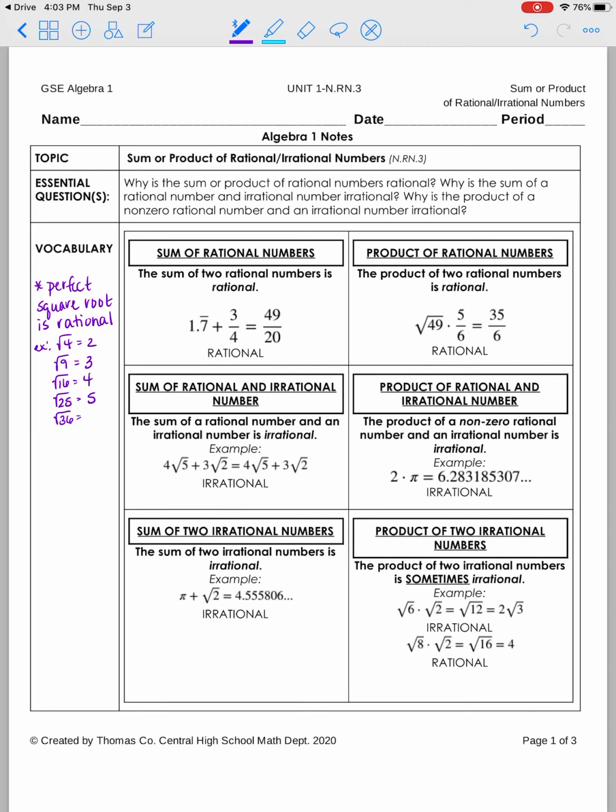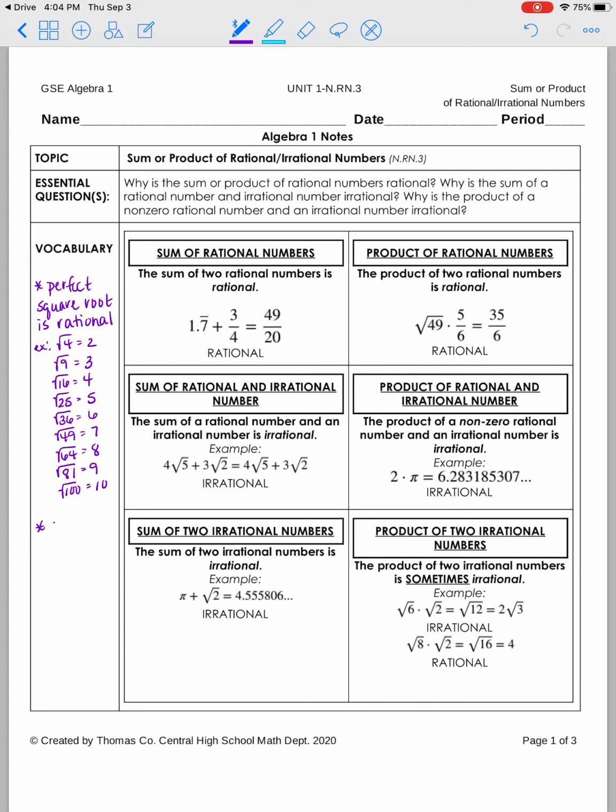The square root of 36 is 6. The square root of 49 is 7. Square root of 64 is 8. The square root of 81 is 9. The square root of 100 is 10. And these do keep going. But you need to know that any perfect square is a rational number.